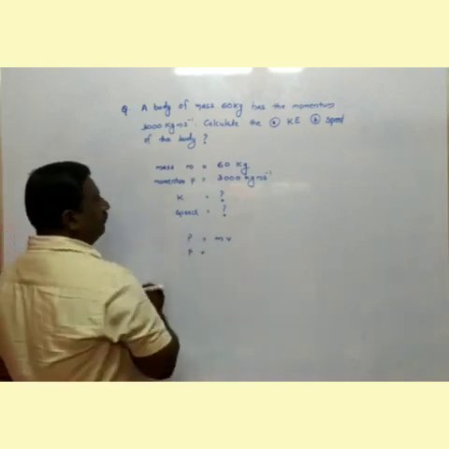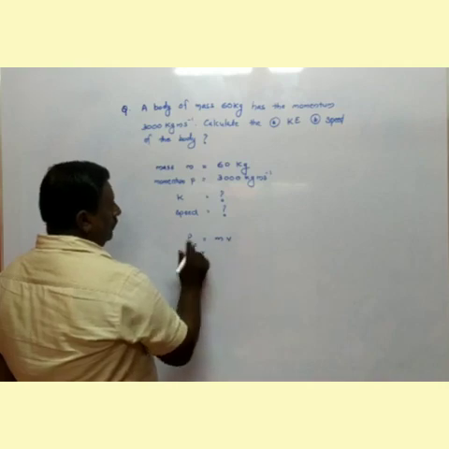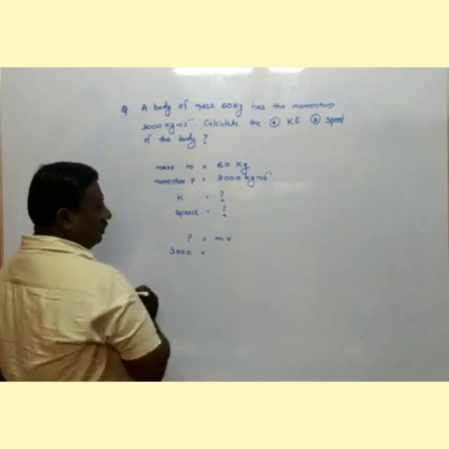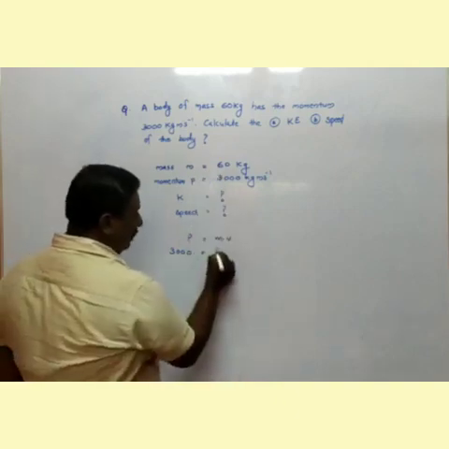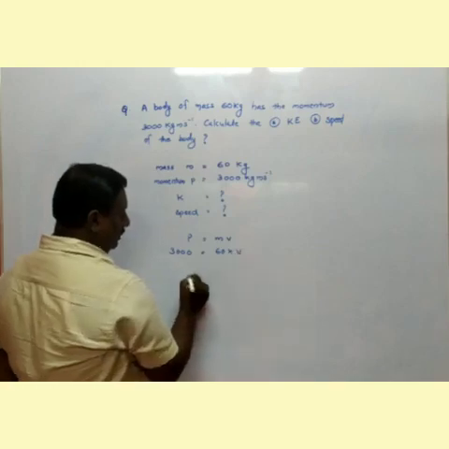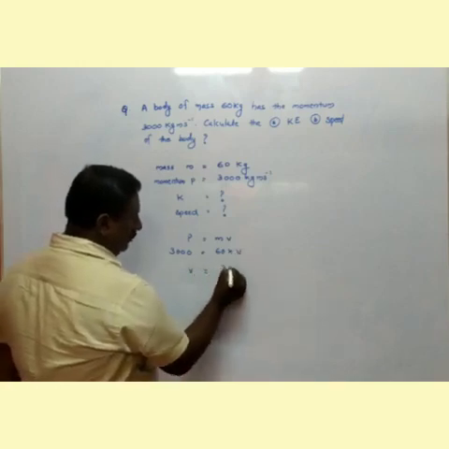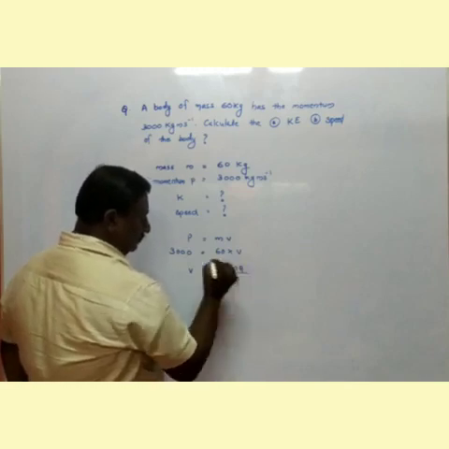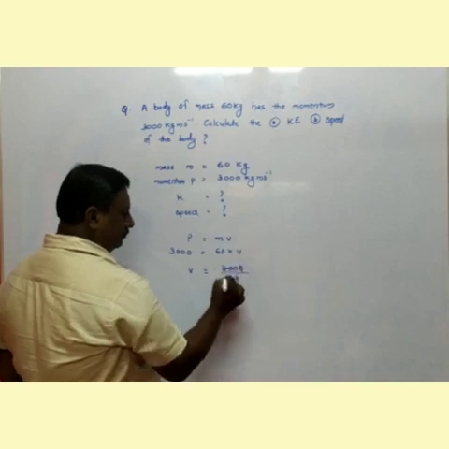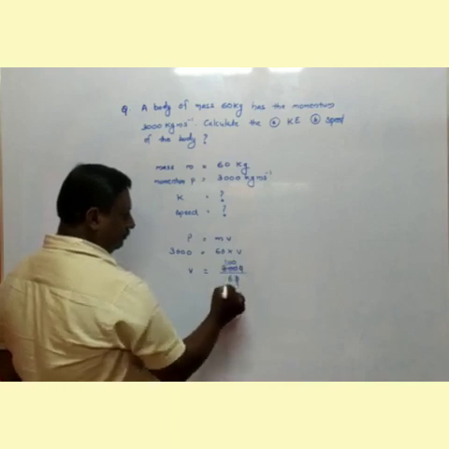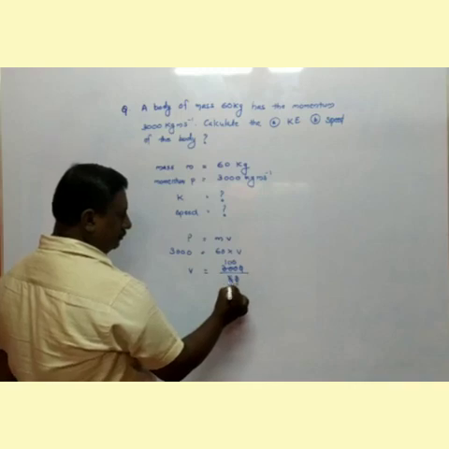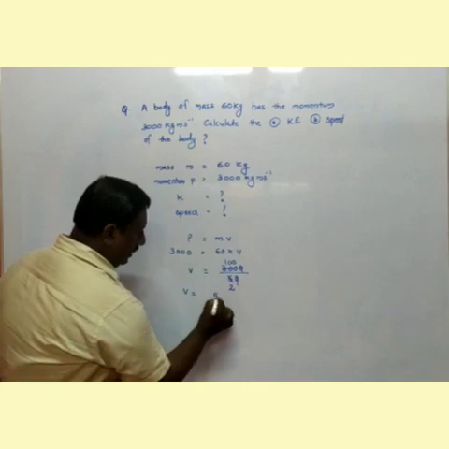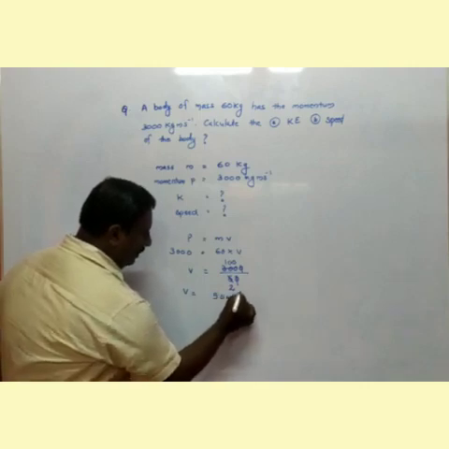Here we have the value of P, that is 3000, and m into v. Therefore, v is equal to 3000 by 60. Therefore, v is equal to 50 meter per second.